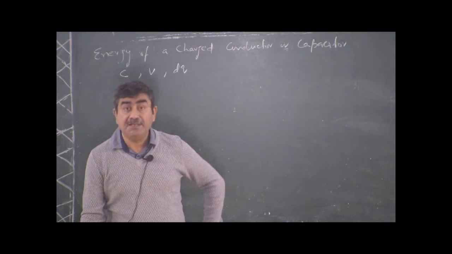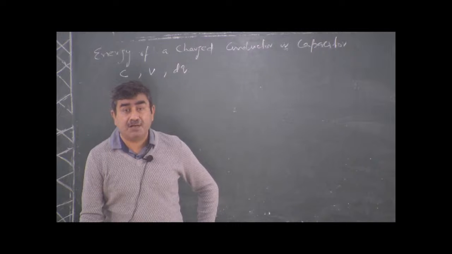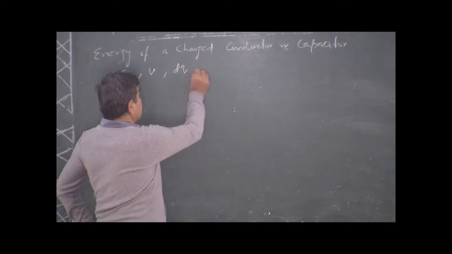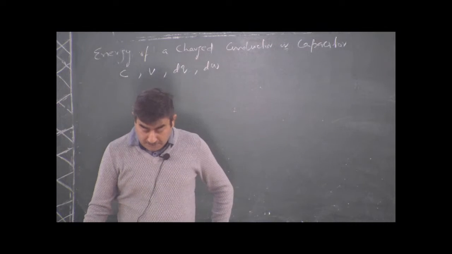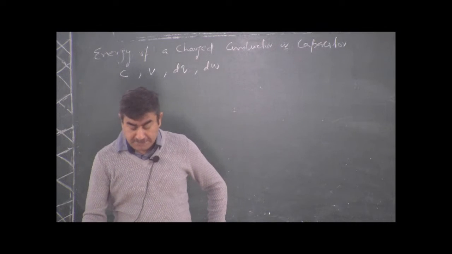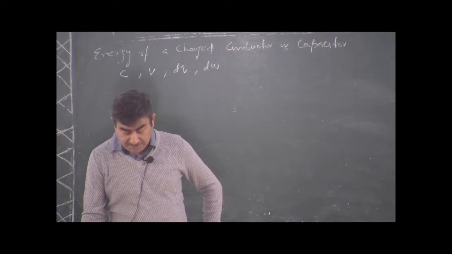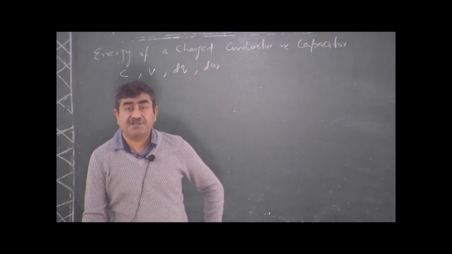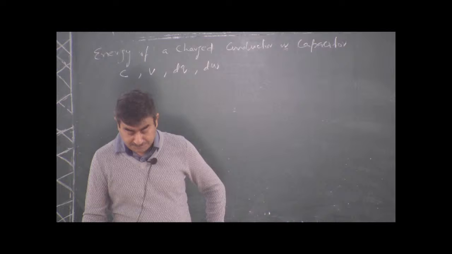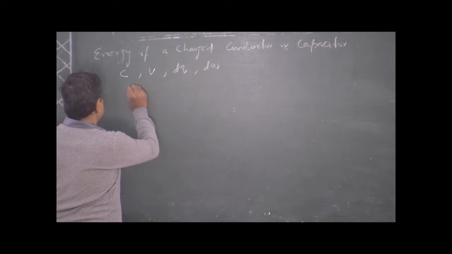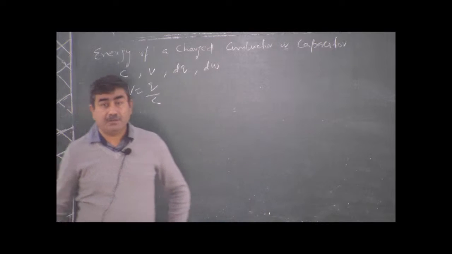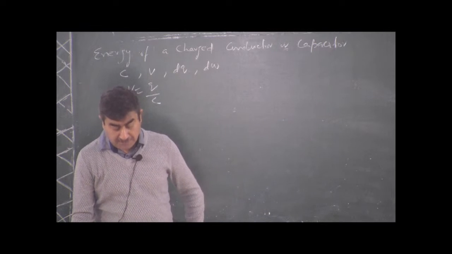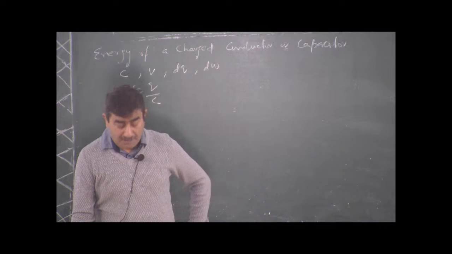If dW is the small work done in bringing charge dq against potential V, then V is equal to Q upon C. Basic definition of capacity.